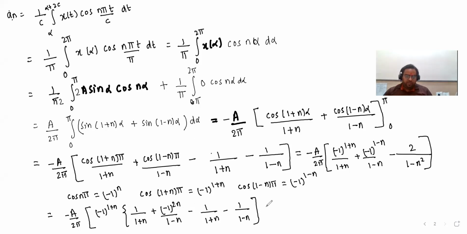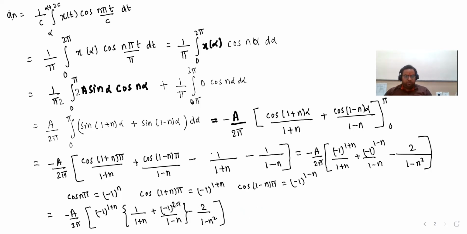Anyway, this is essentially minus 2 upon 1 minus n square, and here this bracket closes. So this is essentially what we have here.